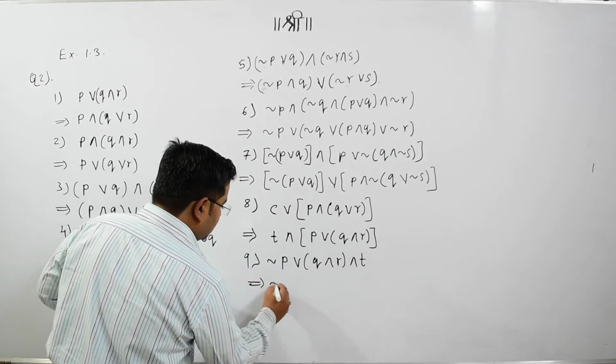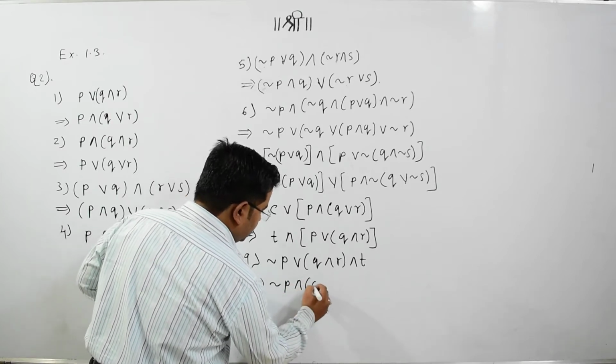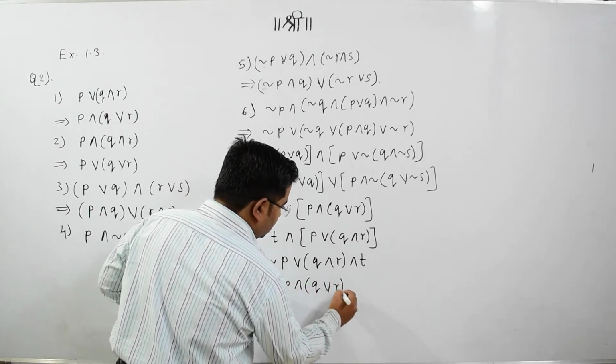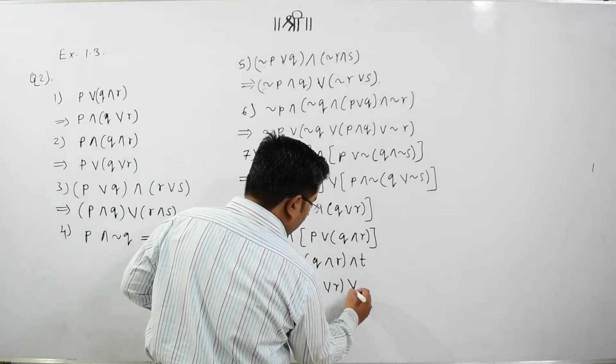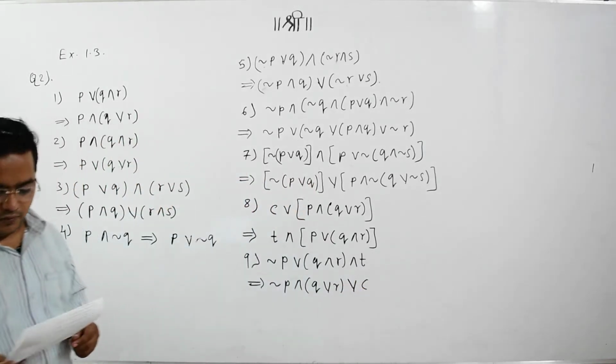Again, simply negation of P and Q or R, and this sign again changes to R, and this T will change to C. Okay, hope you got it.